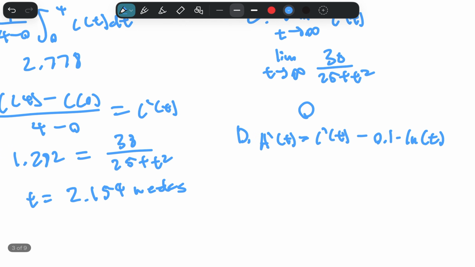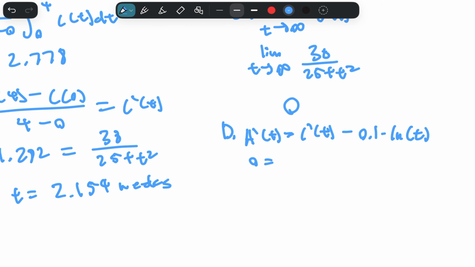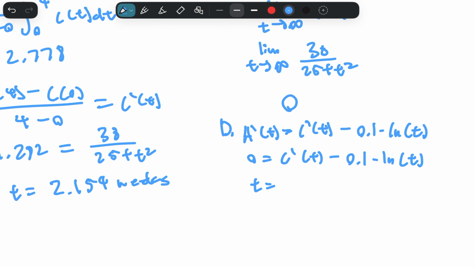Now we have A prime of t. Now we need to set A prime of t equal to 0. So 0 is equal to c prime of t minus 0.1 times natural log of t. Now, after we put this function in, we get one t value where A prime of t is equal to 0, and that t value is roughly equal to 11.442.